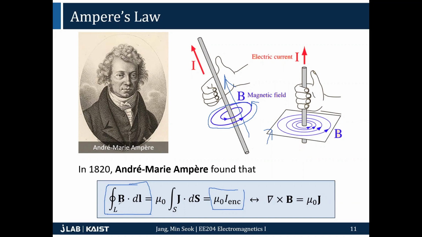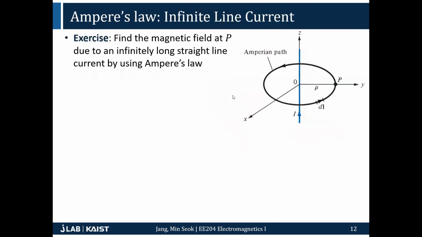Ampere's law can be written like this or that. This is the integral form, and this is the differential form. They're basically the same. What I want to deliver today is just the first example of Ampere's law.